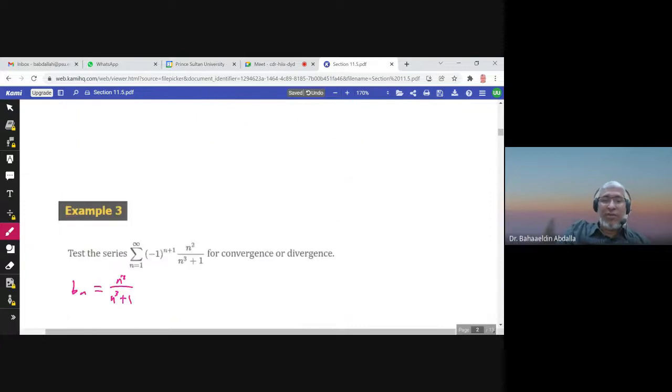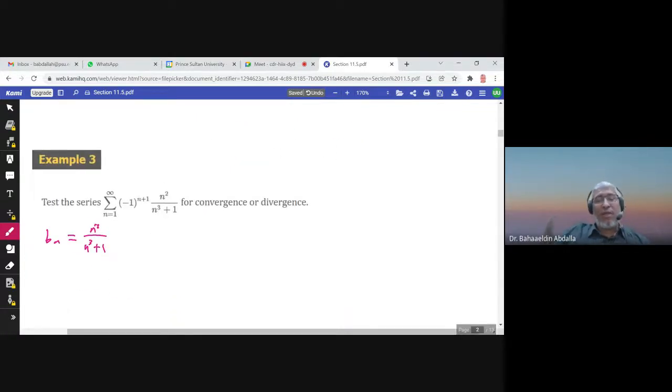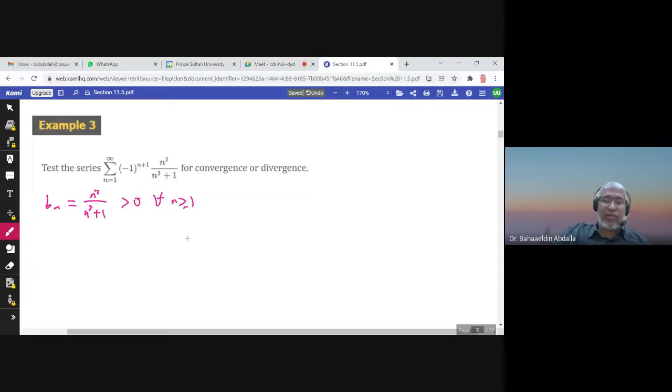So Bn is n square over n cube plus 1 and it's greater than 0 for all n greater than or equal to 1.